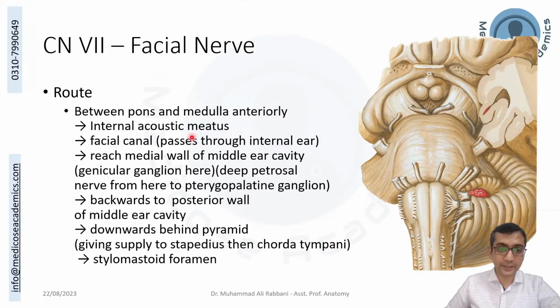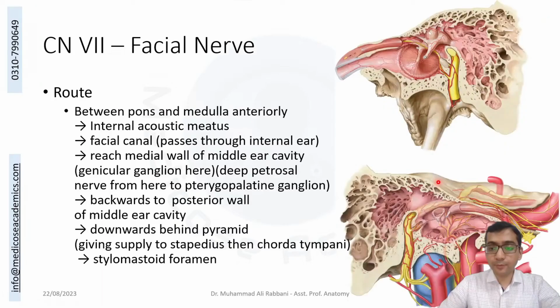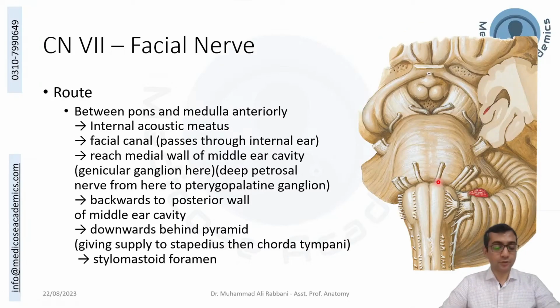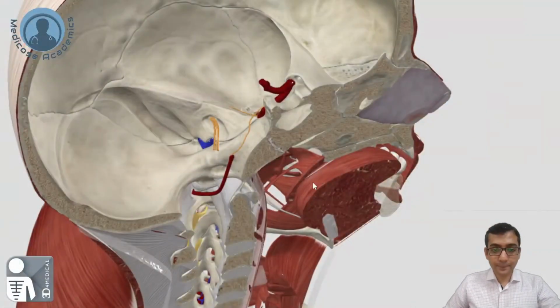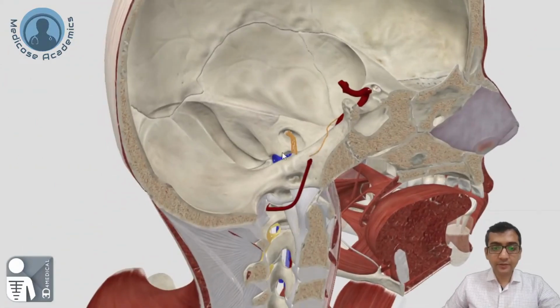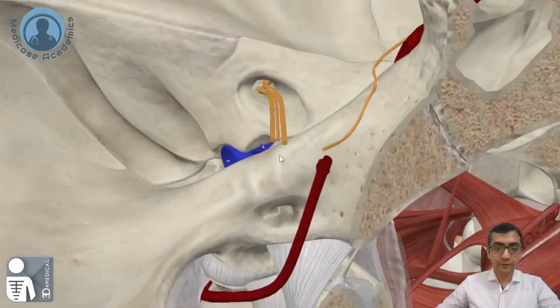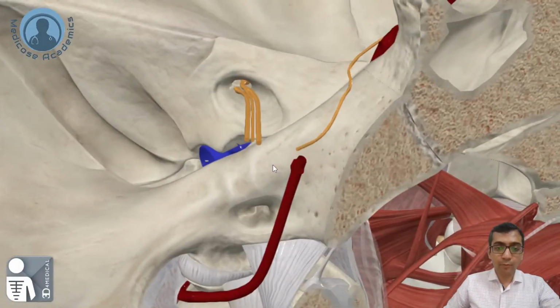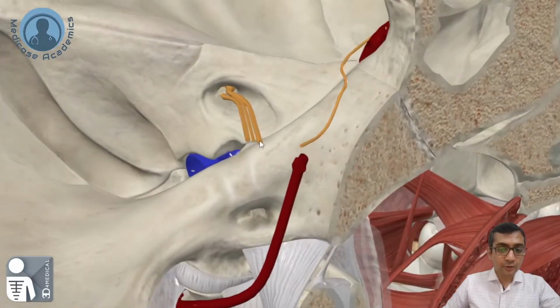All of these nerves are seen right here also, moving between the pontomedullary junction. From there it moves to the internal acoustic meatus. Let me move you to the 3D model. Okay, here this is the facial nerve, the main component.